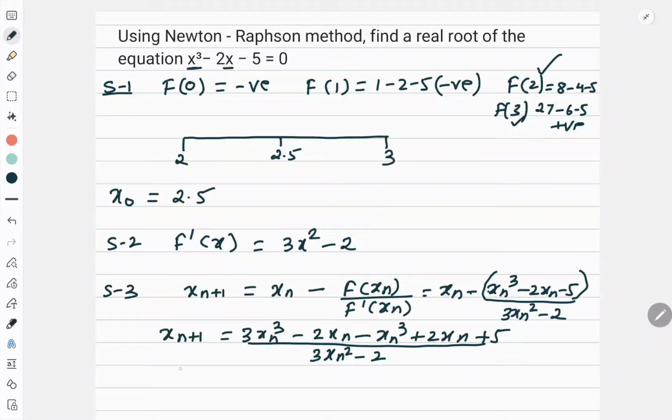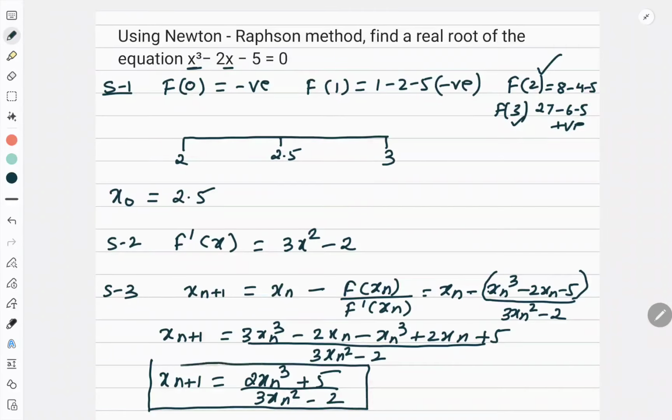Right? So this will become xn plus 1 is equal to 2xn cube plus 5 upon 3xn square minus 2. This is the iterative formula for this question.